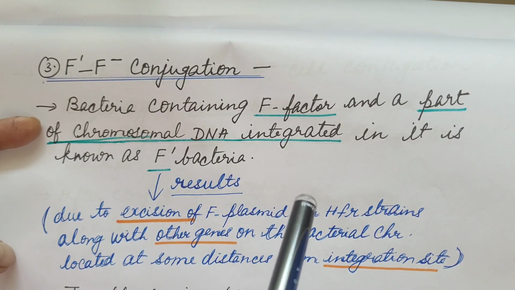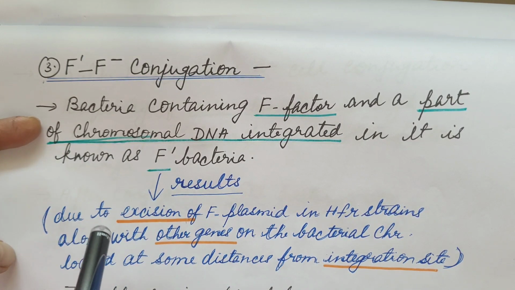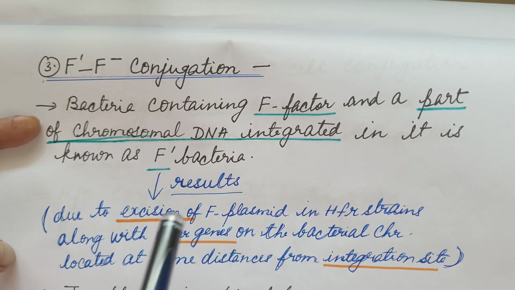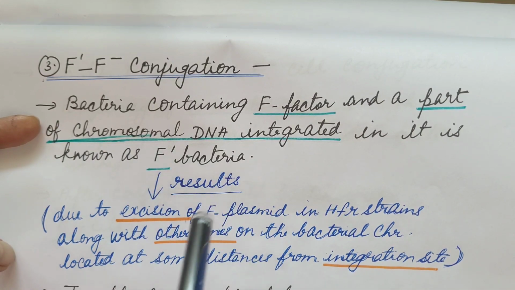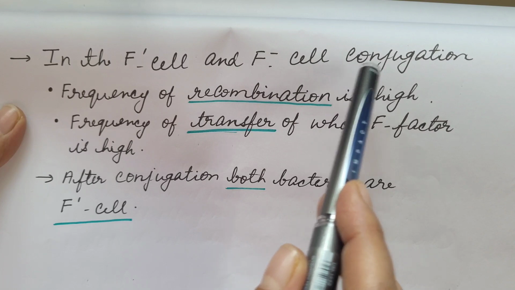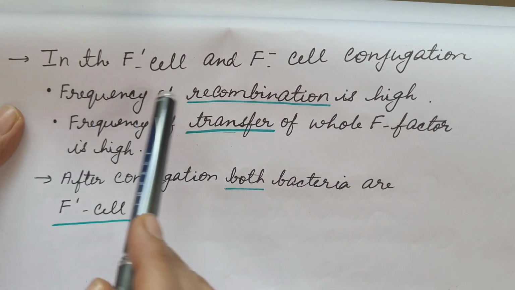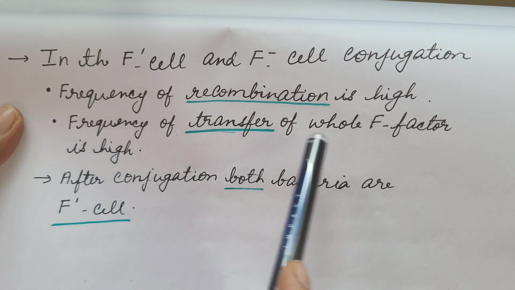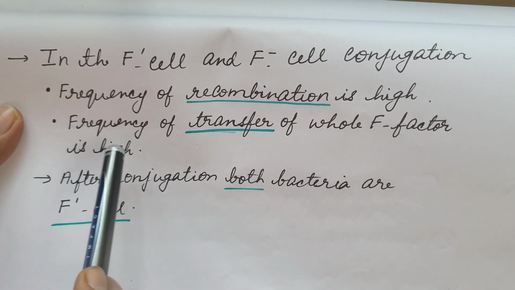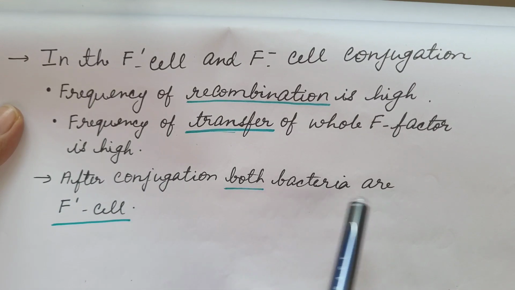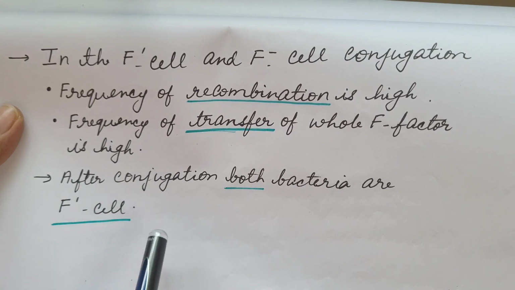If this F plasmid is excised along with other genes on the bacterial chromosome, it results in F prime bacteria. In F prime and F minus cell conjugation, the frequency of recombination is high. The frequency of transfer of the whole F factor is also high. Hence, after conjugation, both bacteria are F prime cells.